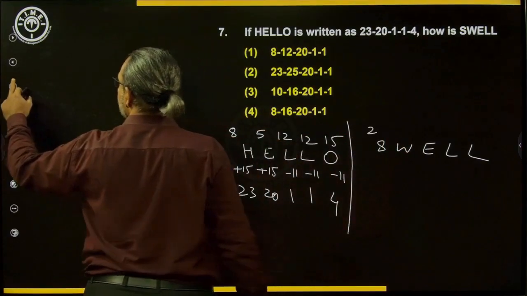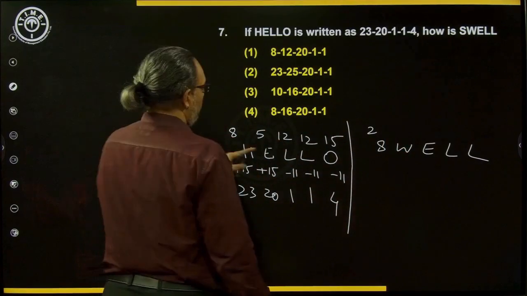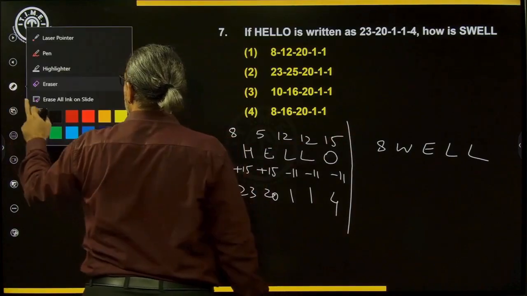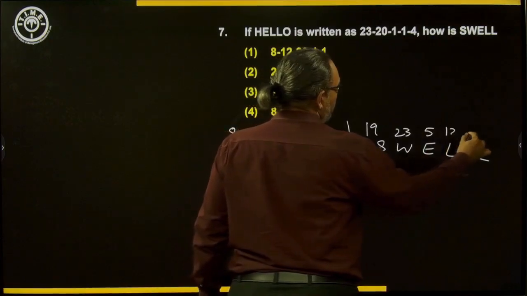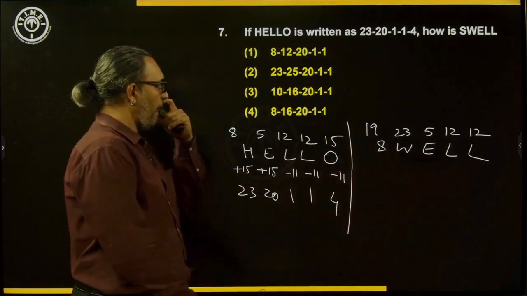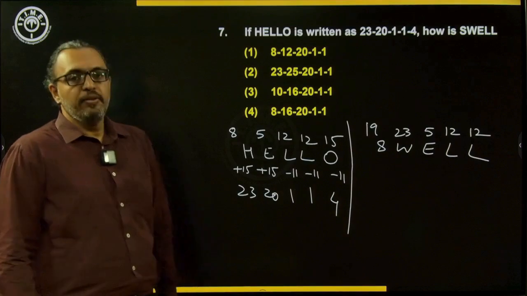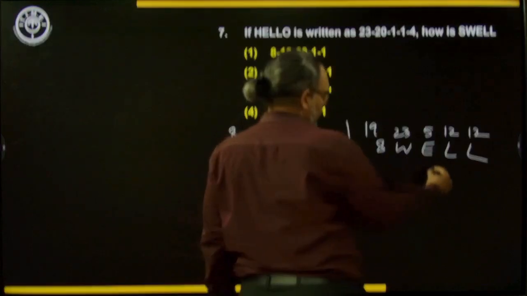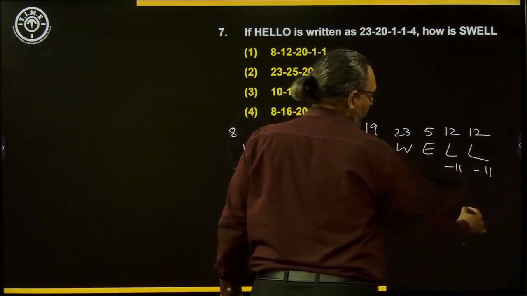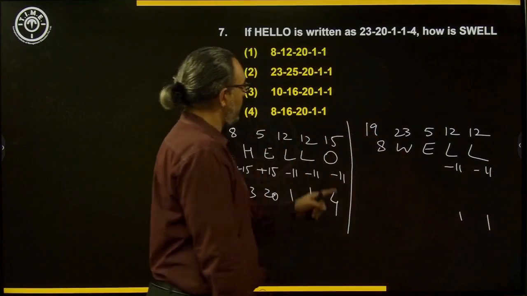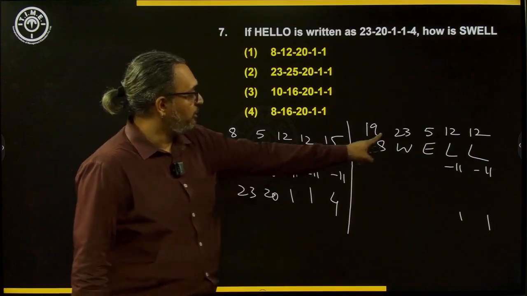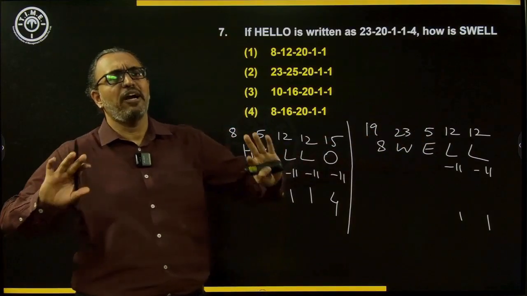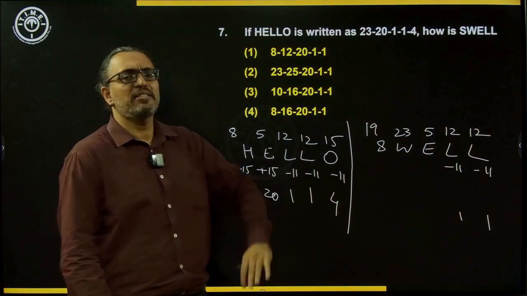So we have 19, correct? So S is 19, W is 23, 5, 12, 12. So L and L here, minus 11, you get 1 and 1. Those are the numbers I do have in my options, correct? But if I do minus 11 for this 5 also, so let's say 5 is 31, 31 minus 11, 20.